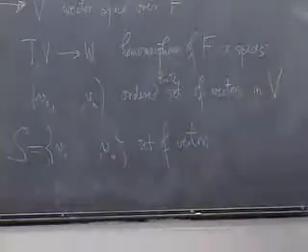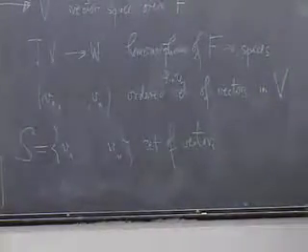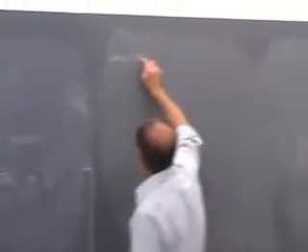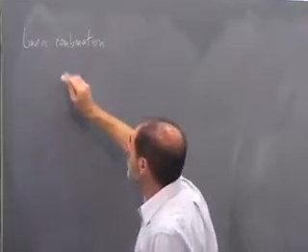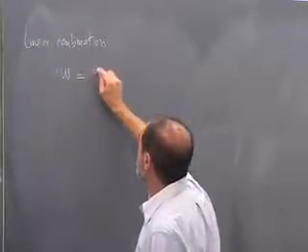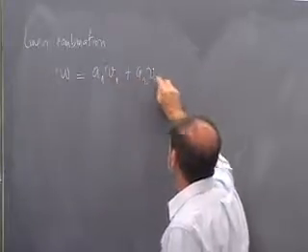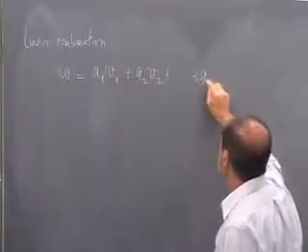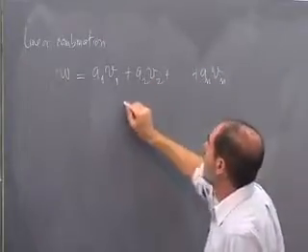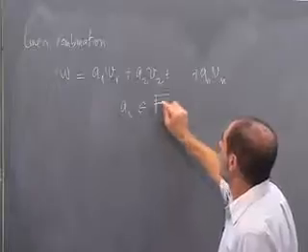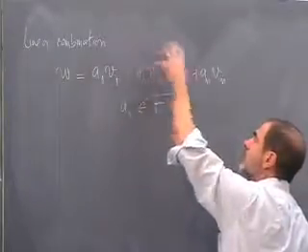OK, so you say that a linear combination of these vectors is any vector that you can express as a scalar times V1 plus a scalar times V2 plus a scalar times Vn, where the Ai are elements of your field F. So Ai times Vi is the operation of the scalar times a vector, and then you add it to this and this and this.